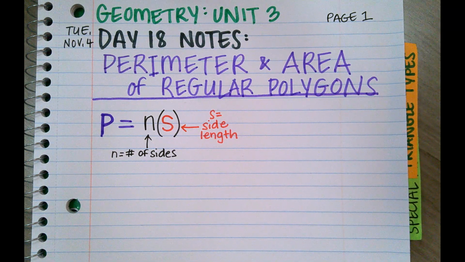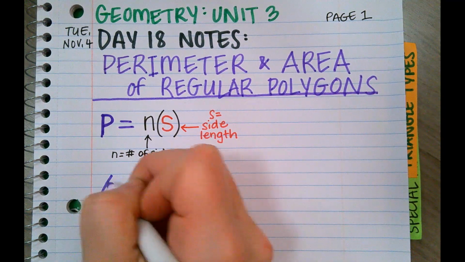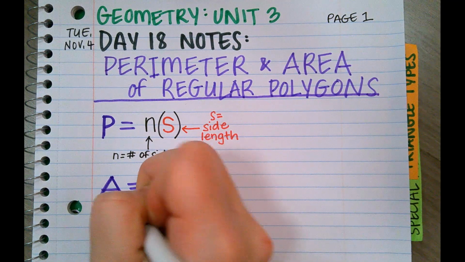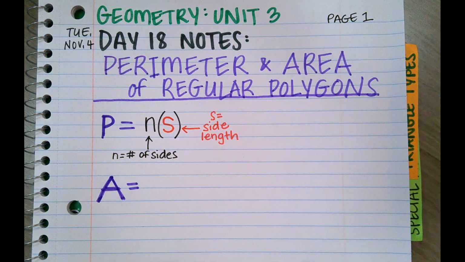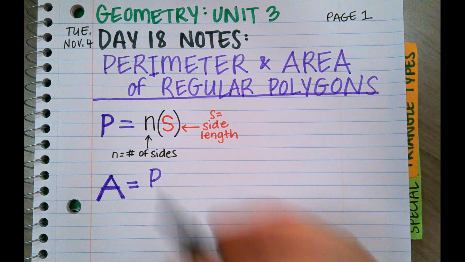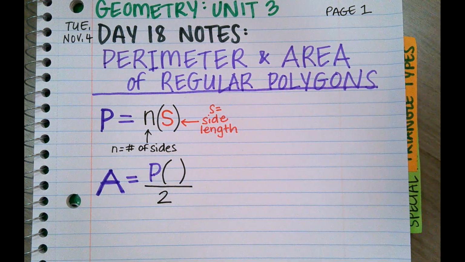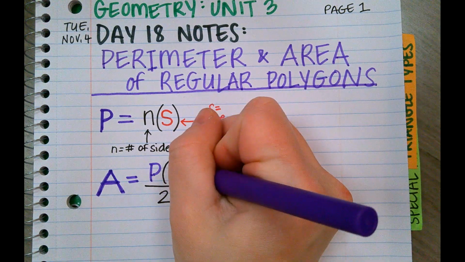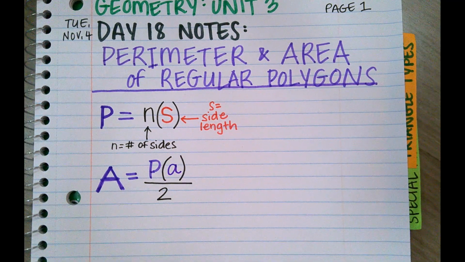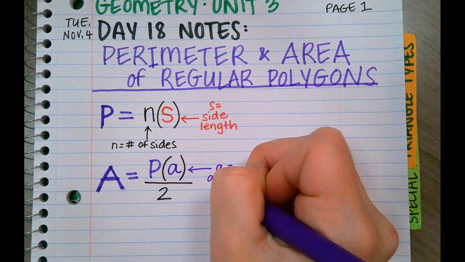And area, we use capital A. Area equals perimeter, so P, times the apothem divided by 2. Say again, A is the apothem.